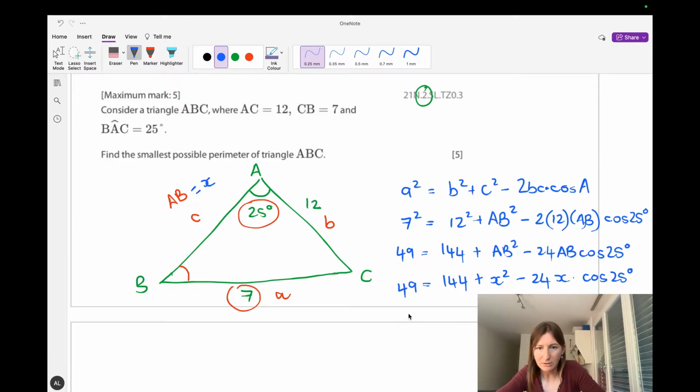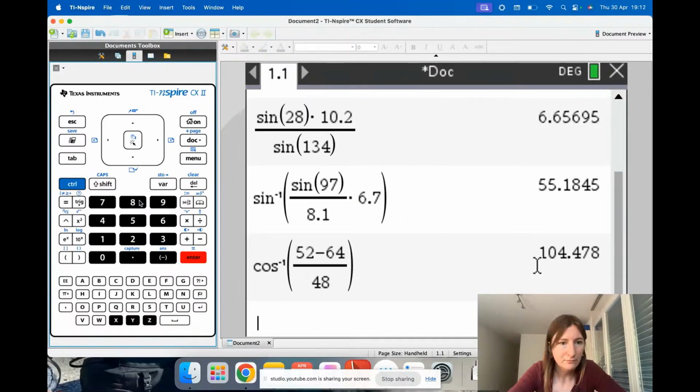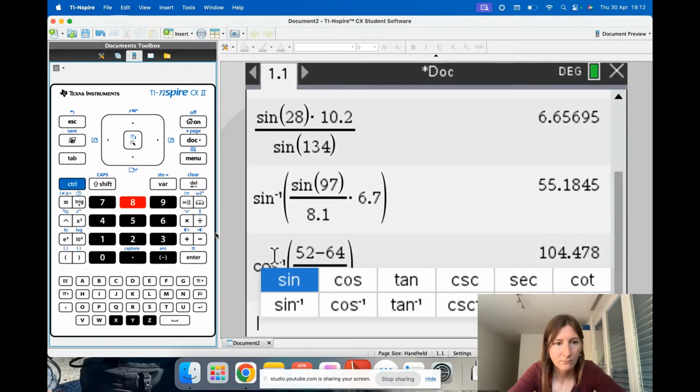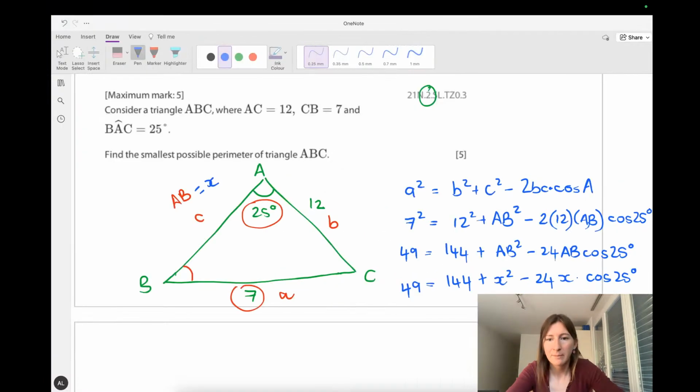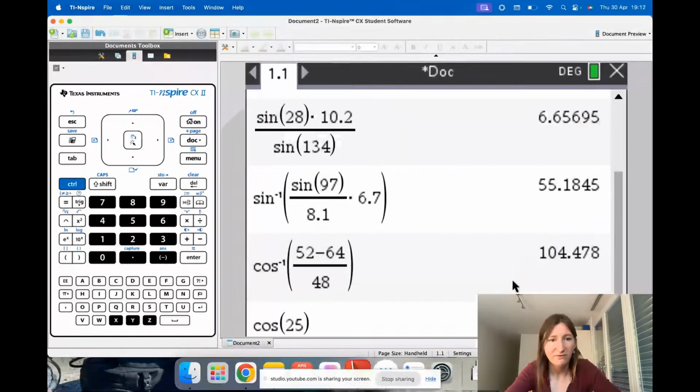So I'm going to need to do 144 minus 49, which is going to be 95. And we want to do cos 25 times 24. Let's do that. Cos 25, simplify that times 24.